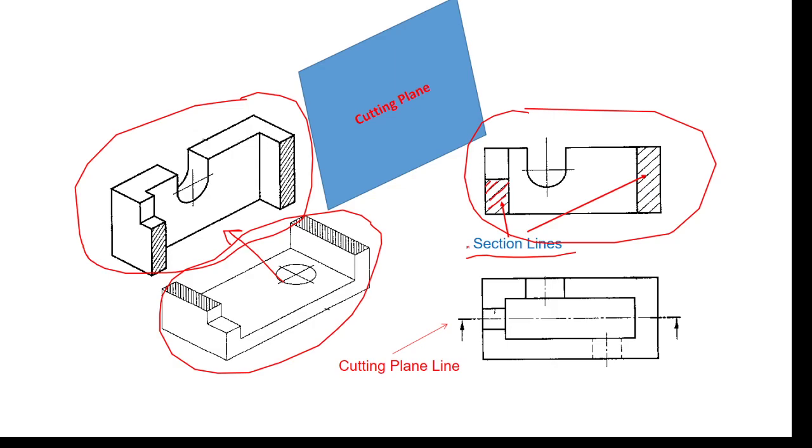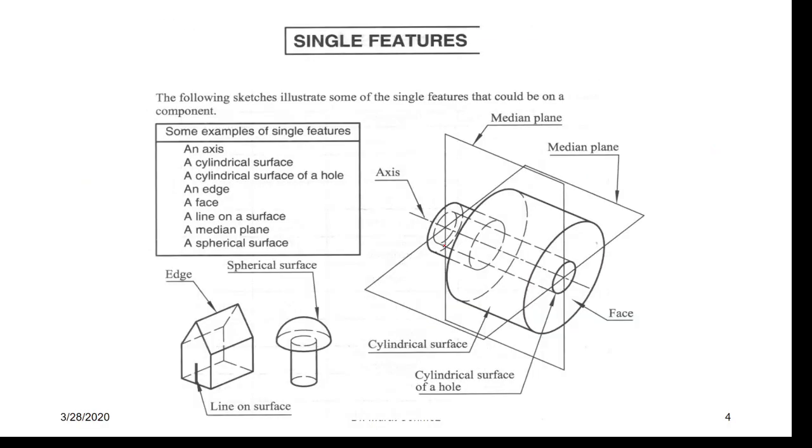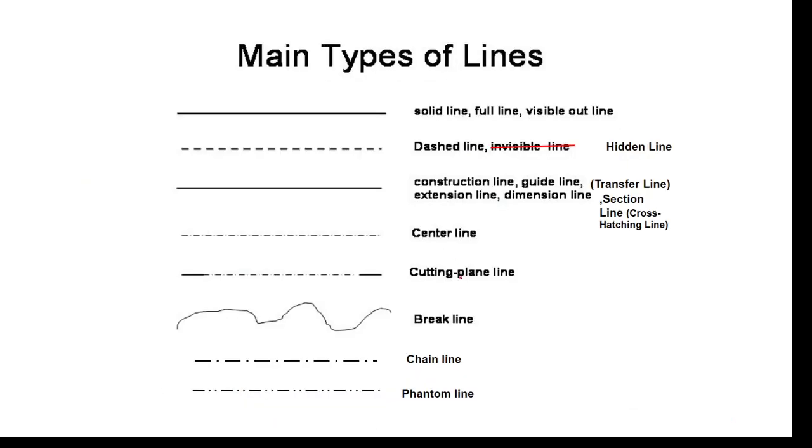How about the cutting plane line? In the alphabet of the language, turn back to the table and see it is another item, the cutting plane line. The cutting plane line in accordance with ISO is in this format: thick terminal lines, and the intermediate part in the appearance of an axis of symmetry. It is called the cutting plane line.